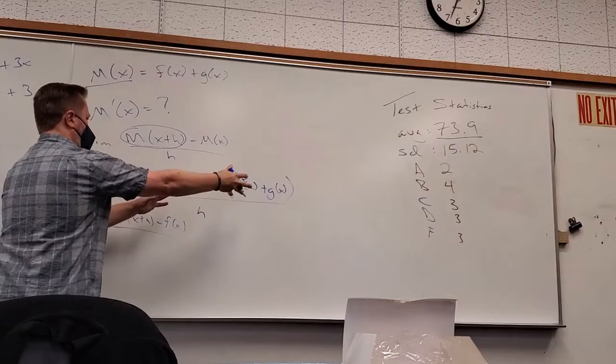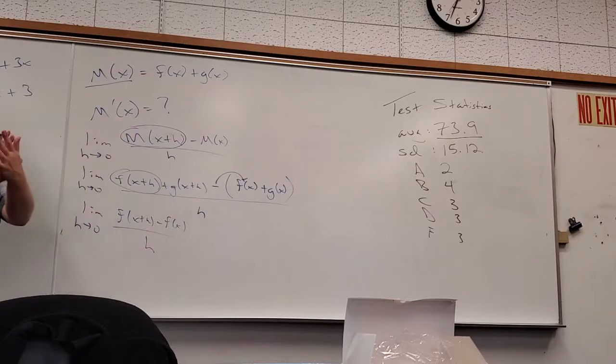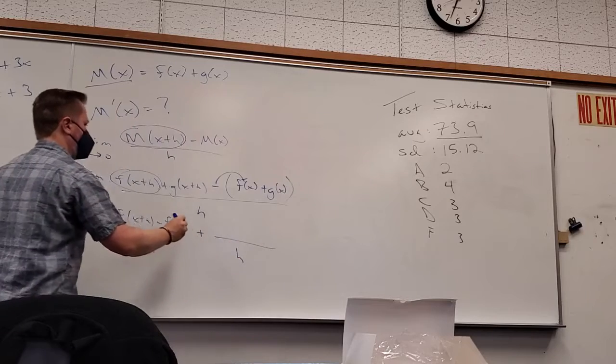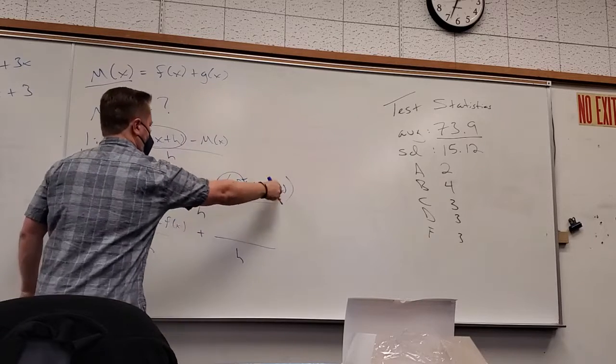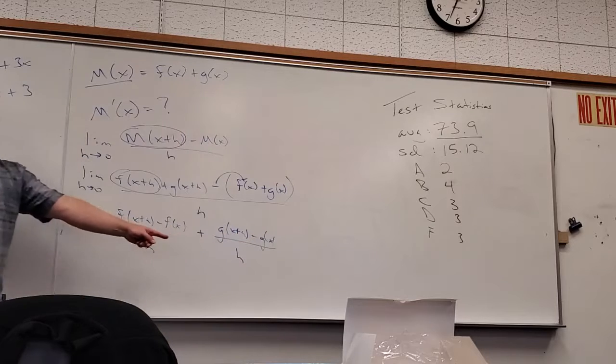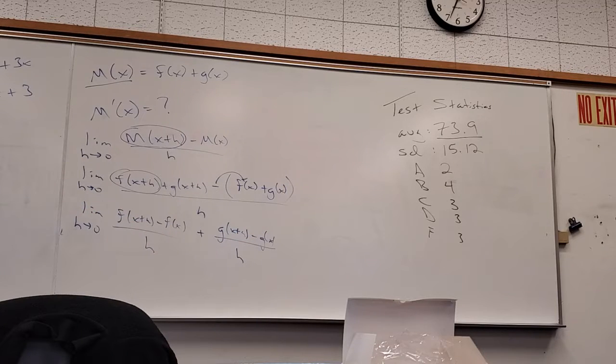And then can't I separate those and put them over h, plus g of x plus h minus g of x over h? Right? You guys see that? Aren't they all over h? Can't I break them up to still be over h?